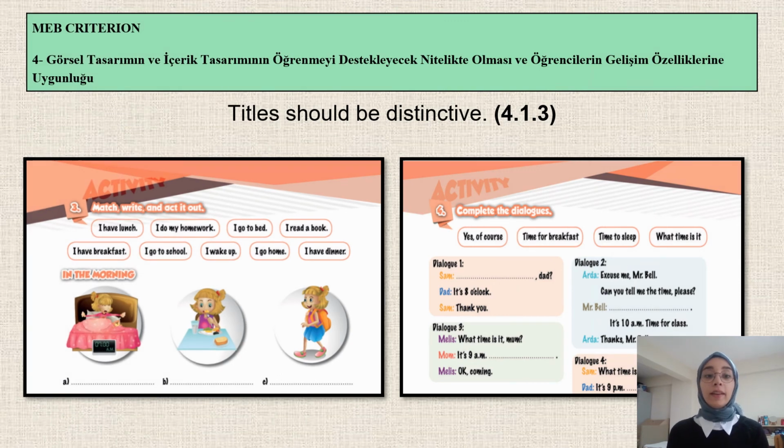In this slide, please look at the first picture. The title is not where it should be. And in the second one, the A cannot be completely seen. So this violates the criterion that titles should be distinctive.